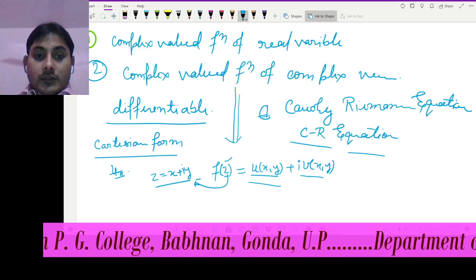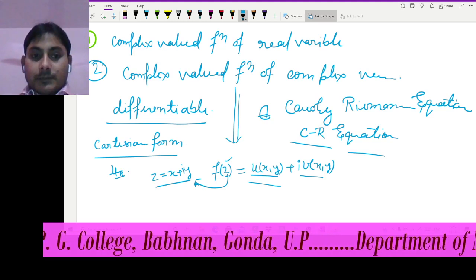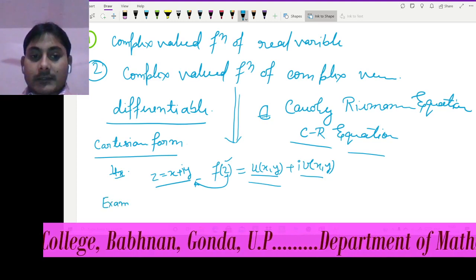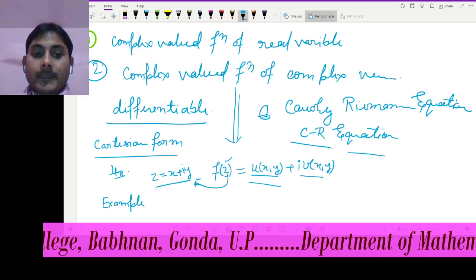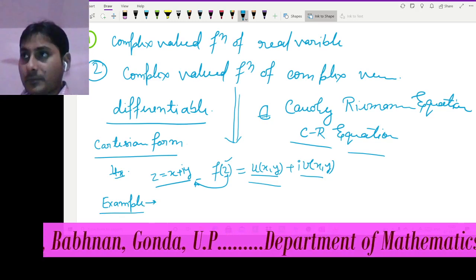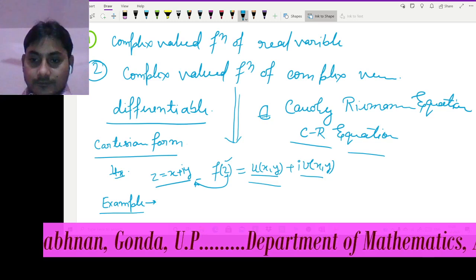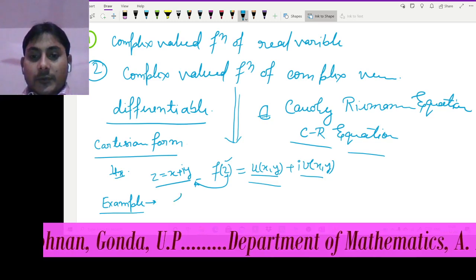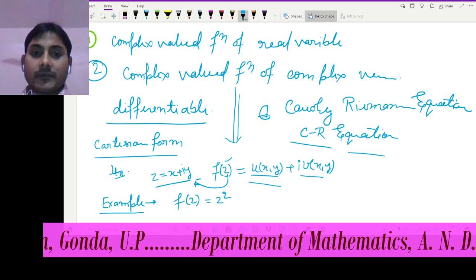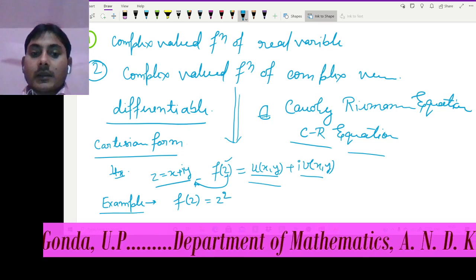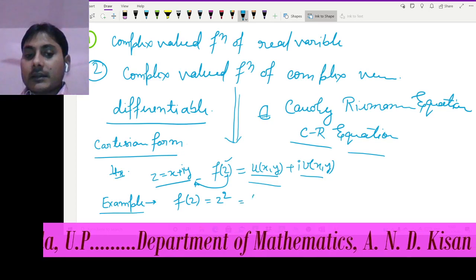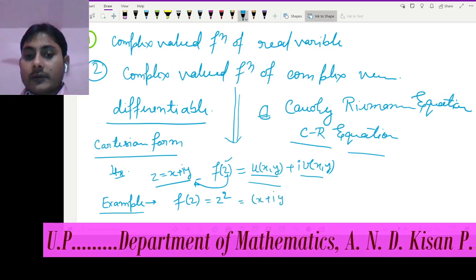Let me take a particular example so that clarity emerges, because examples are a tool that helps for clarity. Suppose you take f of z equal to z square. Because z is equal to x plus iota y, it can be written as (x plus iy) whole square.